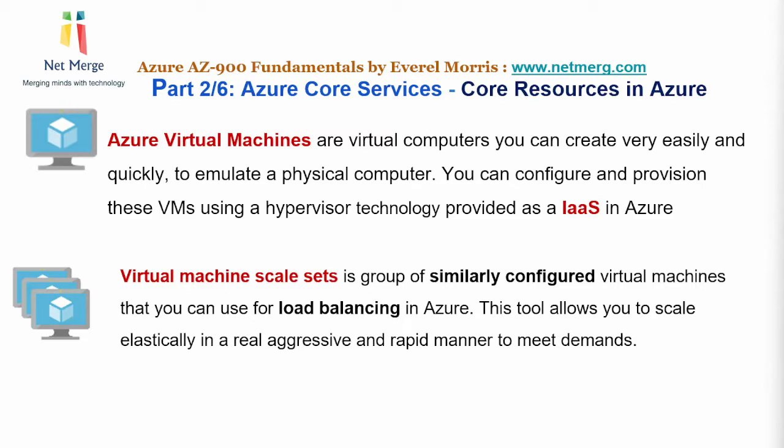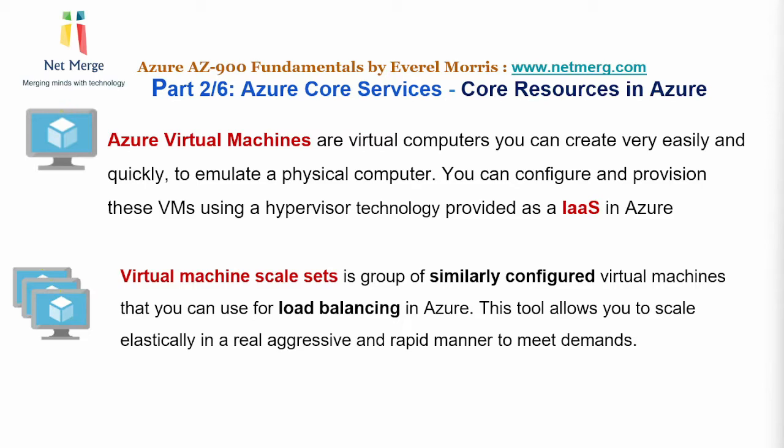So if you have a need for a lot of virtual machines, you could create them and Azure would do auto scaling for you. It would scale in and scale out based on your need for those virtual machines. This tool allows you to scale elastically in a really aggressive and rapid manner to meet demand, and you can deallocate and scale back when those demands subside and you no longer need those resources.